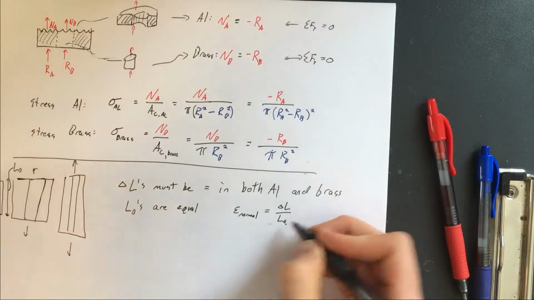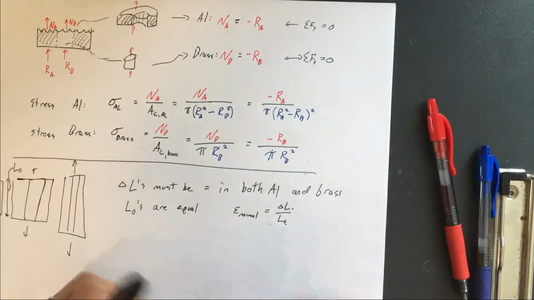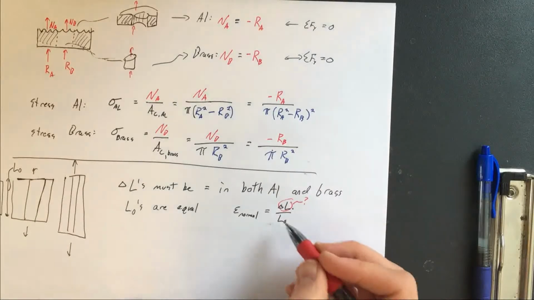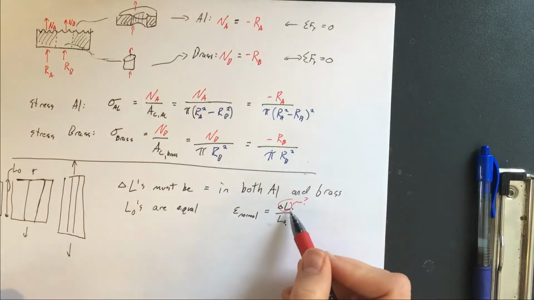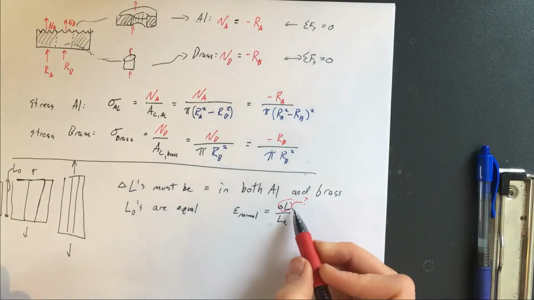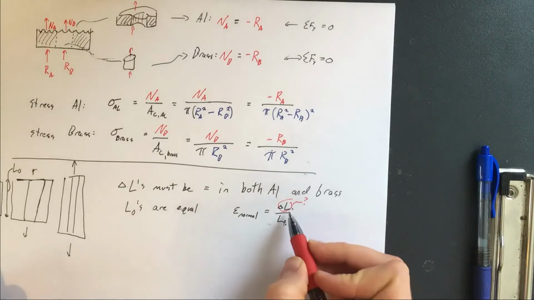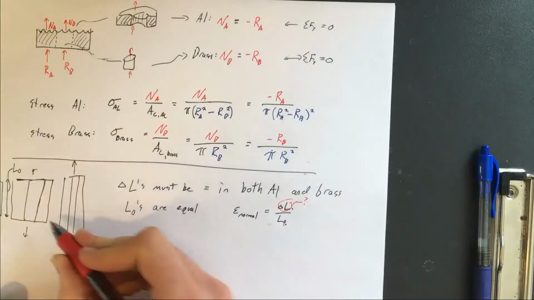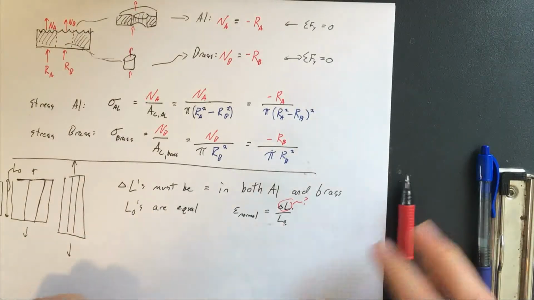If the L naughts are equal and the delta L's are equal, we don't necessarily know what these delta L's are yet. They're still unknowns. But we know that they must be equal to one another. What does this mean?